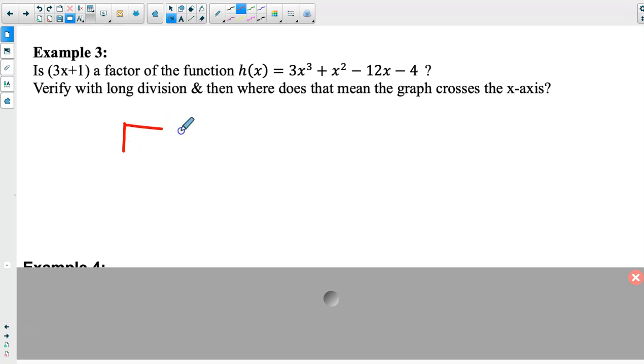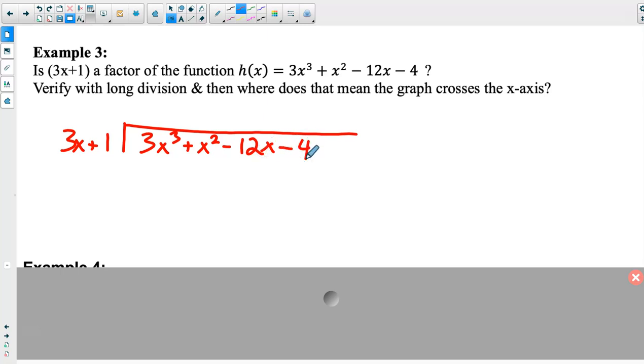So I draw this out. Where's the 3x plus 1 go? Outside or inside? Outside. My function goes inside. What's the first thing I multiply by?